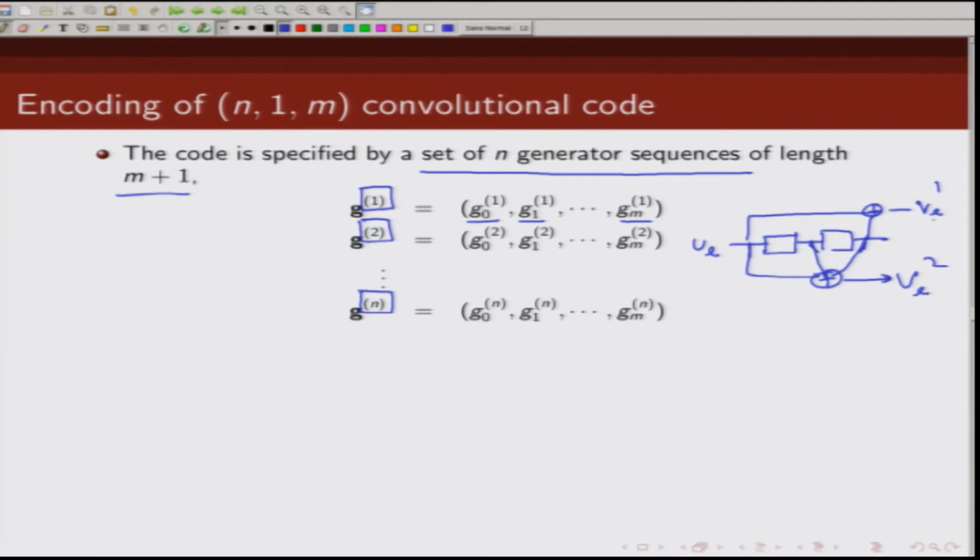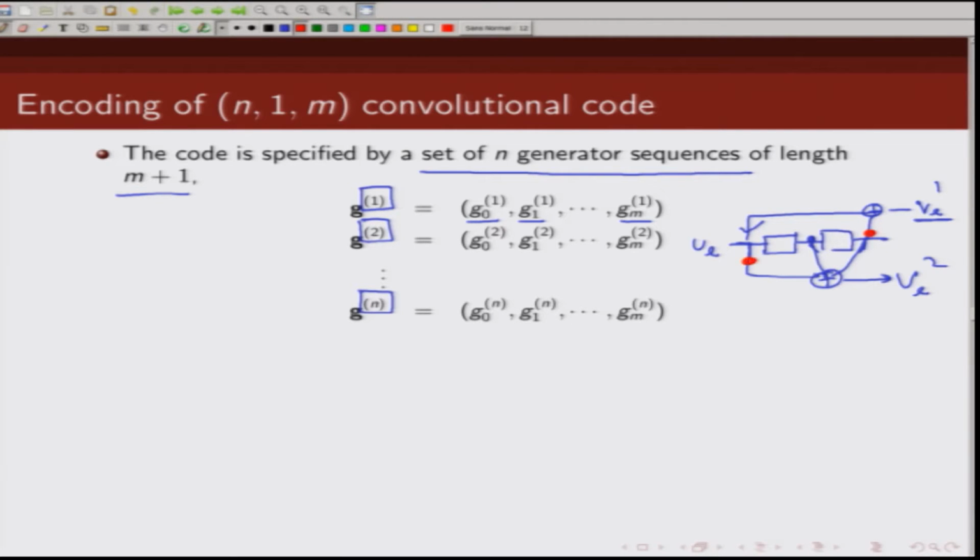So, if we look at the first coded bit, ul has memory order m, so there are m plus 1 possible connections. What are those possible m plus 1 connections? The first one corresponds to whether ul is participating in the output bit or not. The second corresponds to whether ul minus 1 is participating or not, this is this point. The third one is this point, whether ul minus 2 is participating or not. Similarly for the second coded sequence.